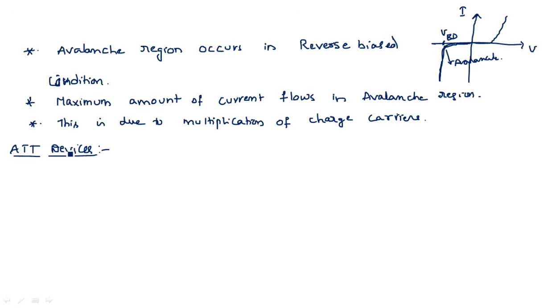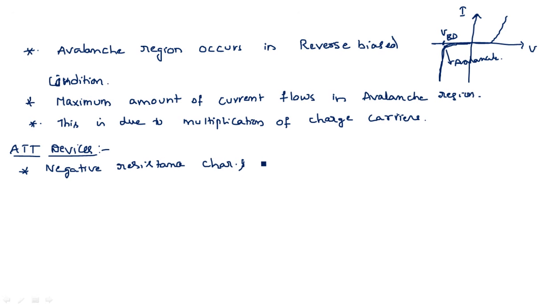Now we will go into the avalanche transit time devices. All the devices which exhibit this particular avalanche effect we call ATT devices, or avalanche transit time devices. They have some properties, like negative resistance characteristics, which are generally exhibited by these ATT devices.